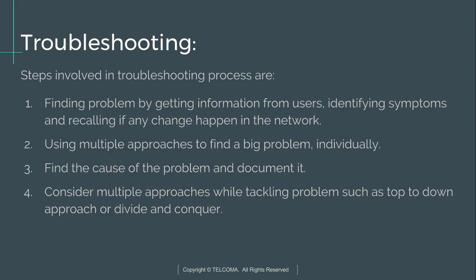It tells how big the problem is, that is, whether it covers the entire organization or a small section of it. We have to gather information from the users, identify their symptoms by logging into the system, and recall whether any change happened in the network, like a recent change made in the network link, or if we moved the network to another place.